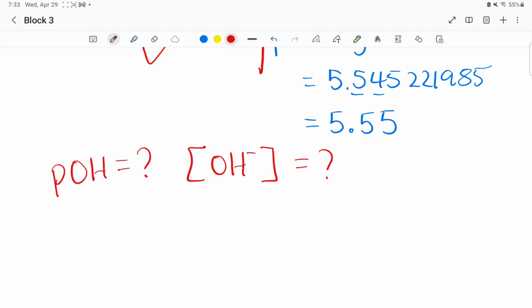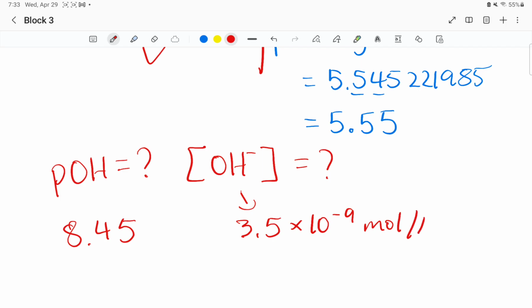If you do it correctly, the answers you should get with the correct number of sig digs are 8.45 and 3.5 times 10 to the -9 mole per liter. So try to get those 2 answers.